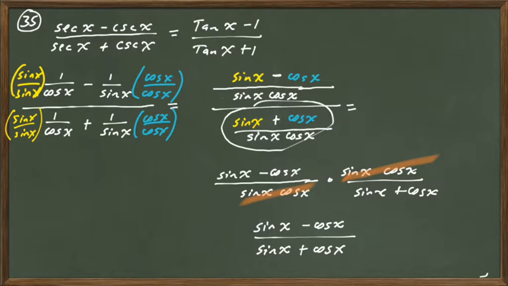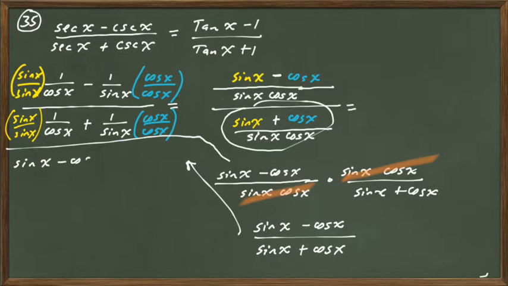Now I might do some more manipulations on it here in a moment, but so we're on our way. So what I'm going to do is bring it up over here, and we're going to write sine x minus cosine x divided by sine x plus cosine x.